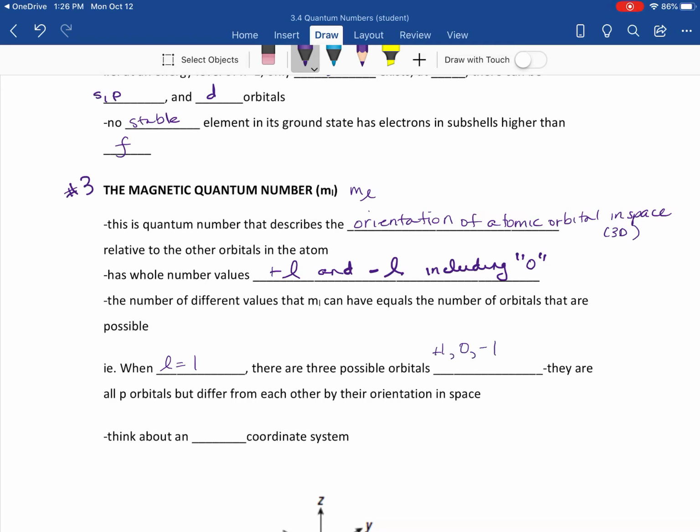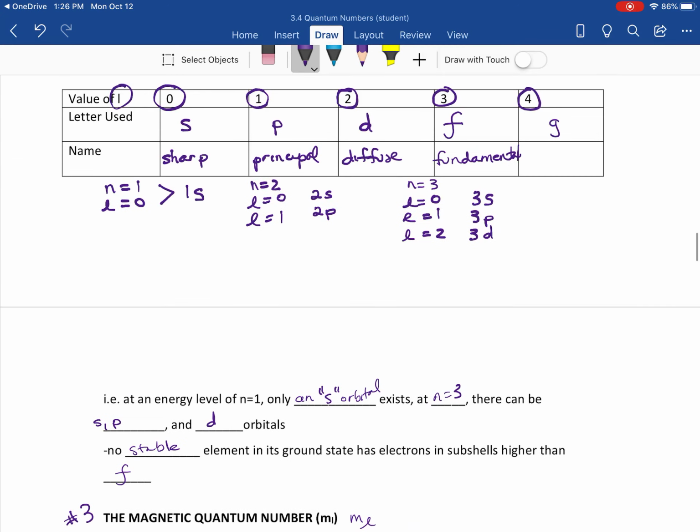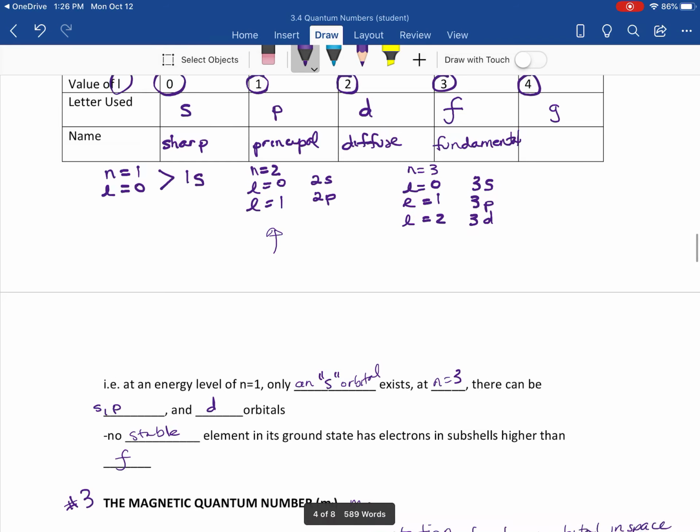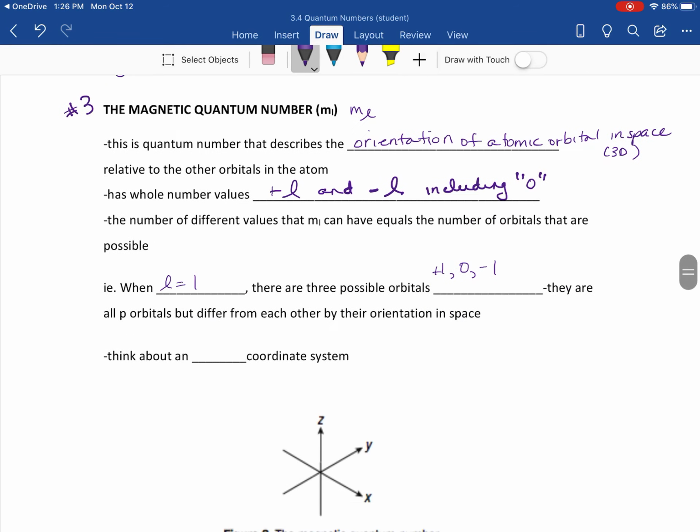Now in this case, we know of L equaling 1, hold on, back to our little chart here. If L equals 1, I know it's the p shape. So they're all p orbitals, but they differ from each other by their orientation in space. So in this case, there's 3 orientations, right, represented by these 3 numbers.